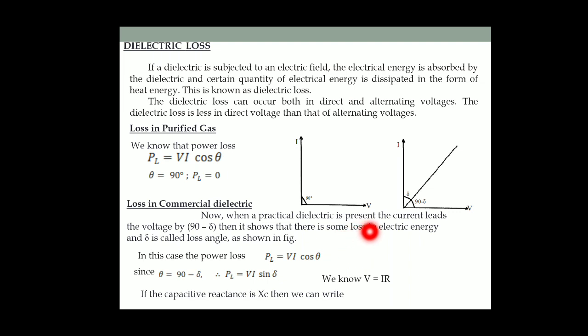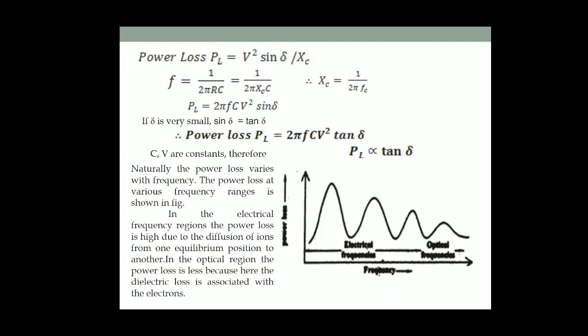We know that by Ohm's law, V is equal to IR. Therefore, I is equal to V by R. Here, R is replaced by the capacitive reactance Xc. Therefore, the power loss is written as PL is equal to V squared sin delta by Xc.